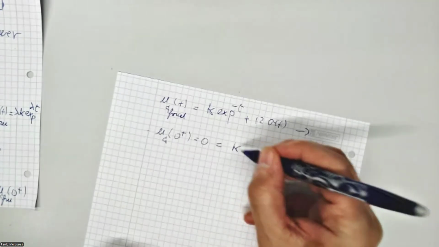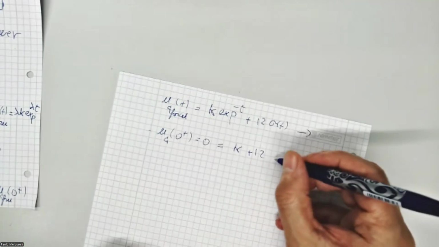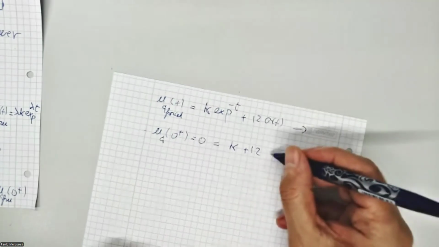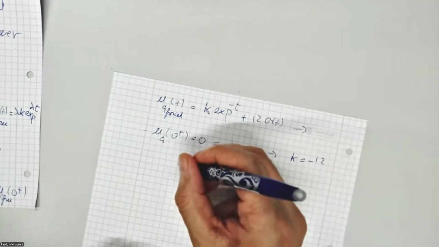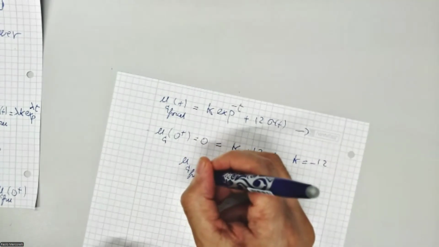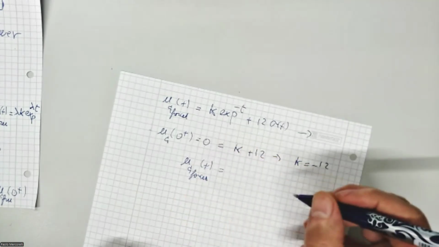This implies k plus 12, because this is 1. This implies k equals minus 12. Let me write definitively the solution, and then we will discuss it a bit.